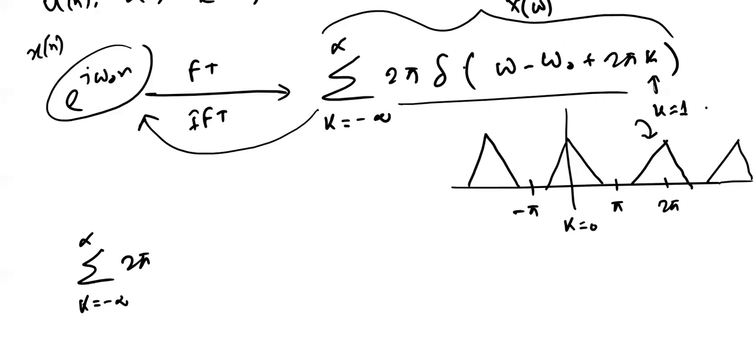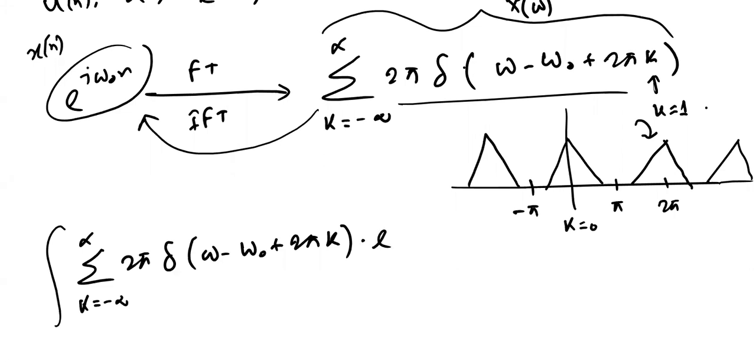And twice pi delta omega minus omega 0 plus twice pi k. And we need to do the inverse Fourier transform. So according to the definition, this is our X(omega). For the inverse Fourier transform of this, we need to multiply it with e to the power j omega n, and we need to do the integration from minus pi to plus pi, because this is our baseband and we are considering this.